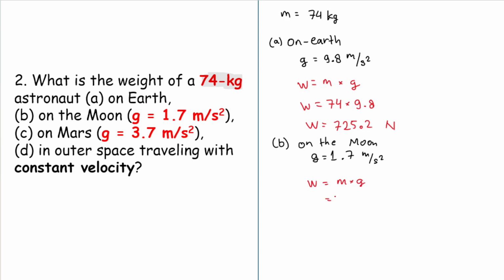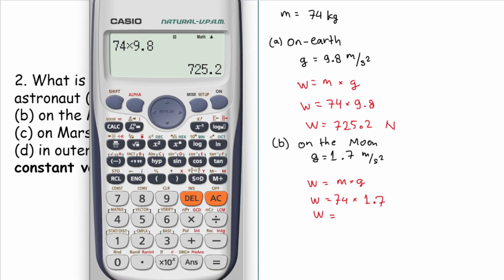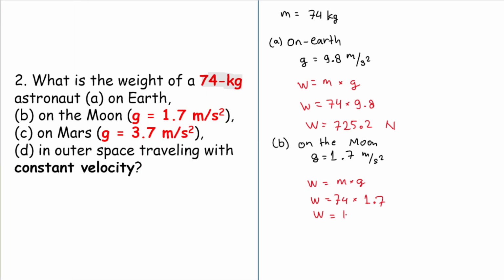The mass is 74, and this time the gravity is 1.7. So the weight of the astronaut on the moon will be 74 times 1.7, and that will be 125.8, and the unit here will be Newton.